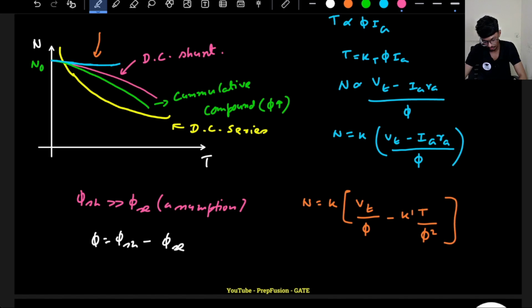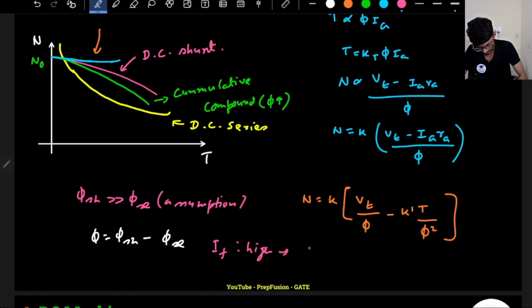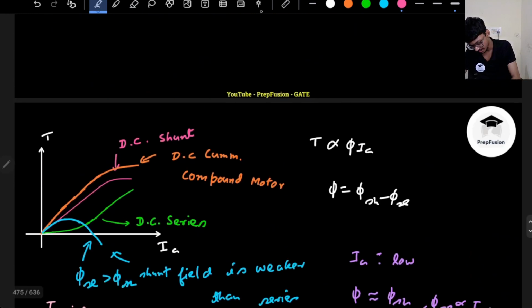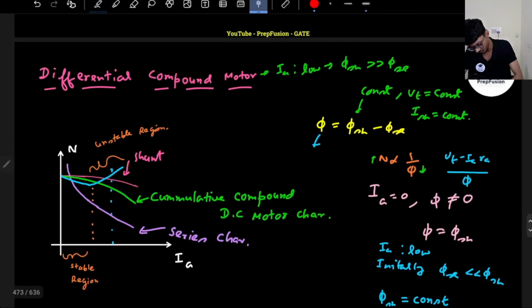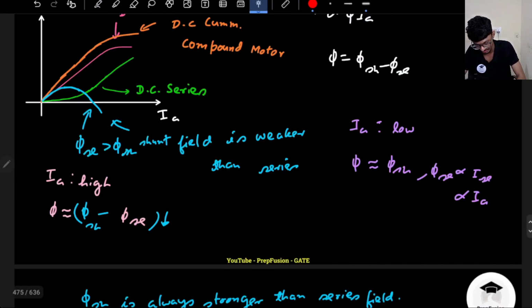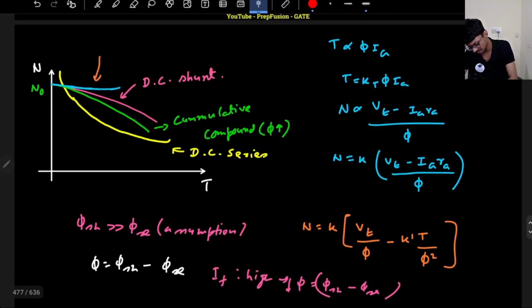So I'm just trying to figure out. After a very high increase in current, IF very high, then my overall flux will be very low because phi is phi SH minus phi AC. And I know for very low flux, speed goes to the unstable region. This we have already previously discussed. So it will go into the unstable region. Basically what will happen, this will just increase.